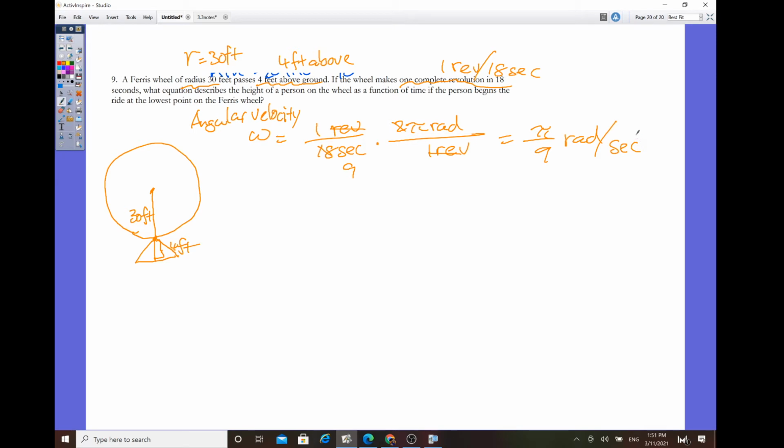And for those wondering what that W stands for, you'll see that in a minute. Back to the equation we got before, the ultimate form: y equals a cosine of b times (x minus h) plus k. Well, if this is the Ferris wheel, there's no h, no horizontal phase shift here, since we started with the lowest position at the bottom.